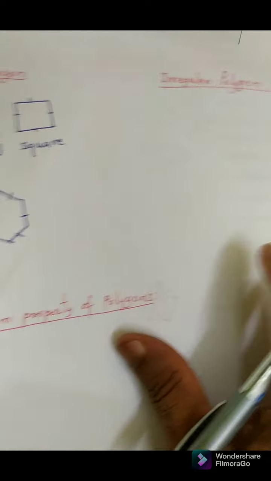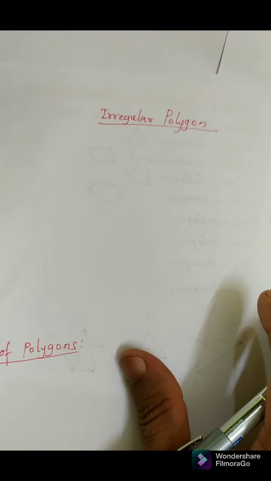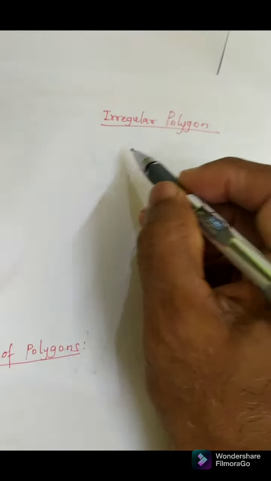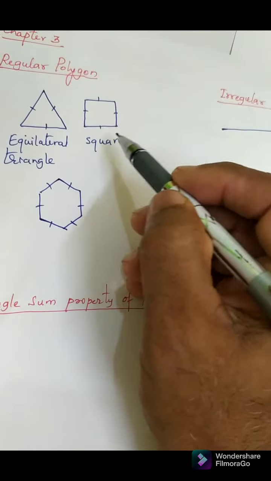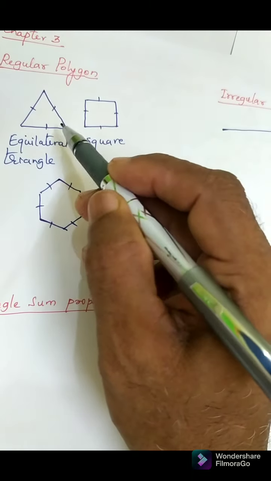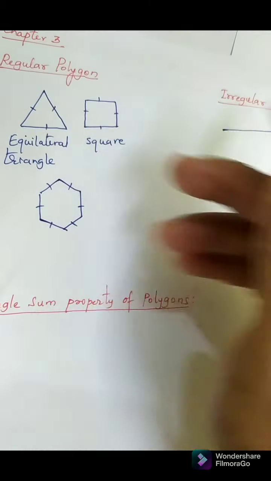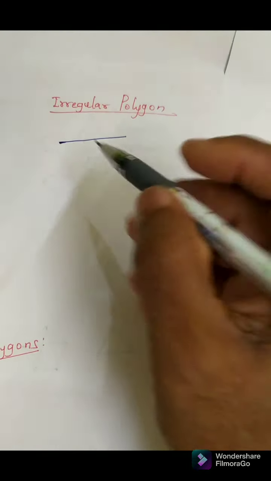Irregular hexagons, what does it mean? What does it say? If the sides are equal, all the four angles will be equal. If the sides are equal in a triangle, all the three angles will be equal. Now let us see a figure.